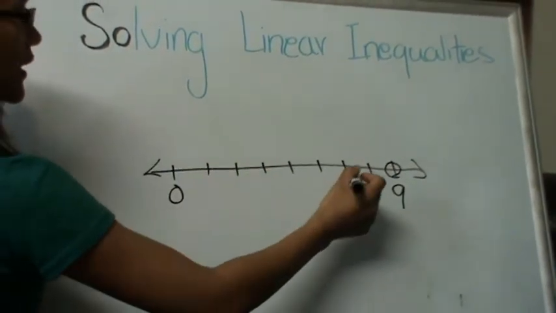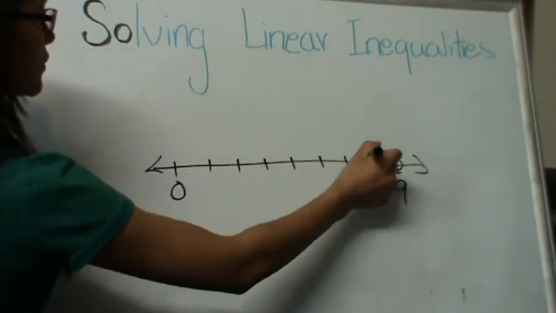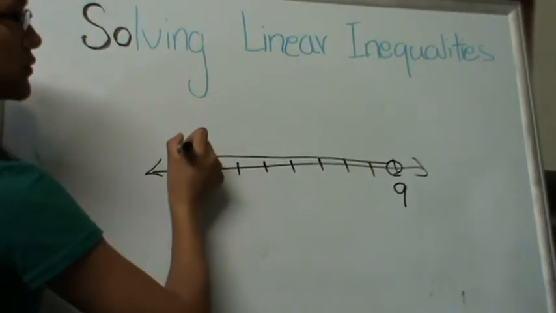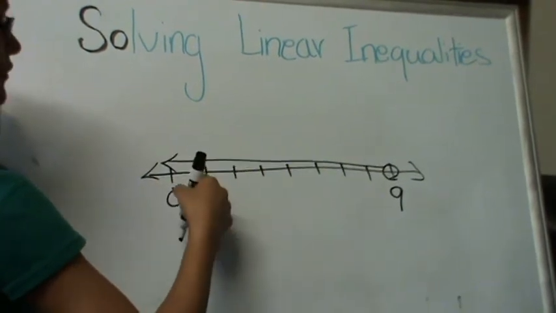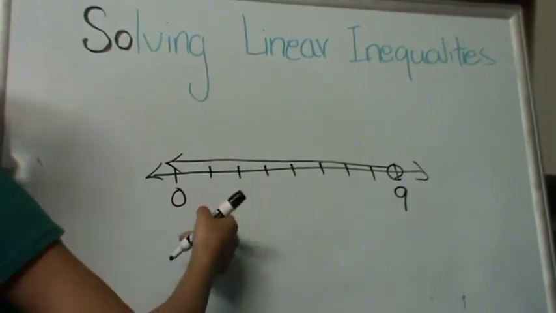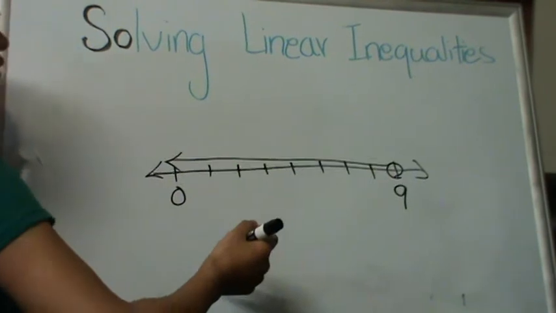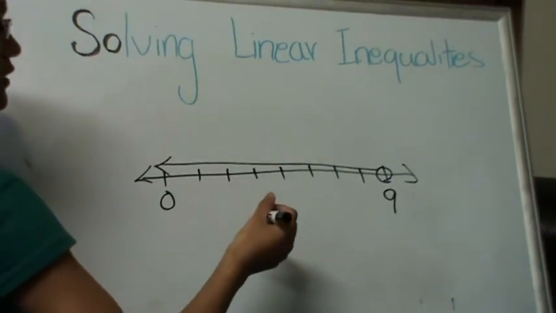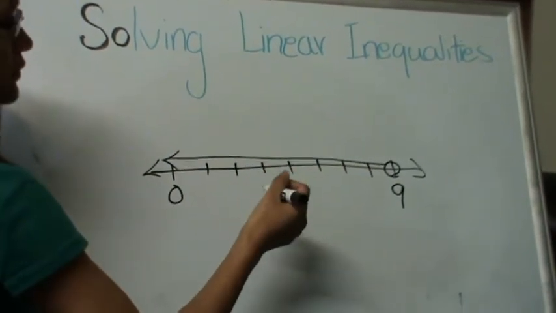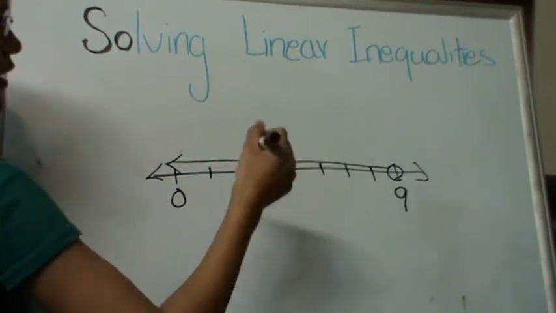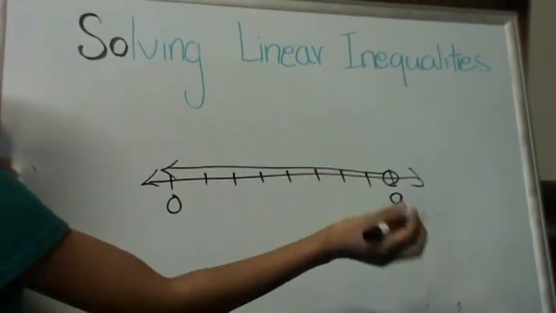Now draw an arrow pointing to the left because it's less than. If it was greater than, you would draw the arrow to the right.